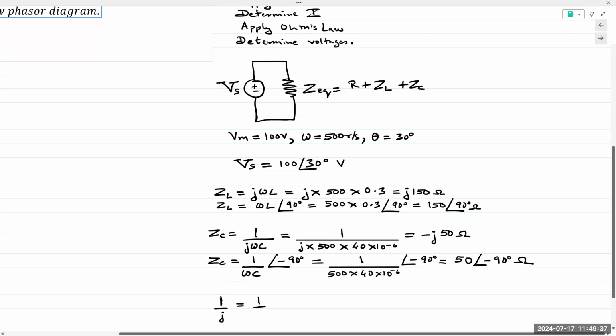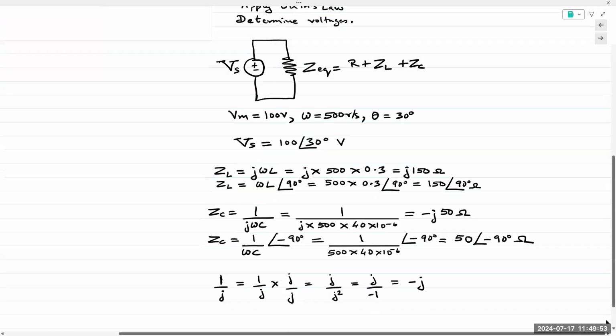You could write this as 1 over j times j over j. This becomes j over j squared, which is j divided by minus 1, hence minus j. The reciprocal of the imaginary number is the negative imaginary number.